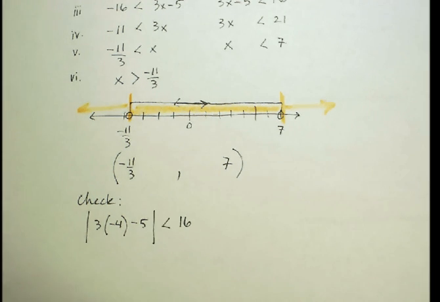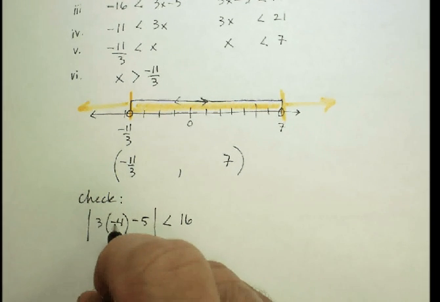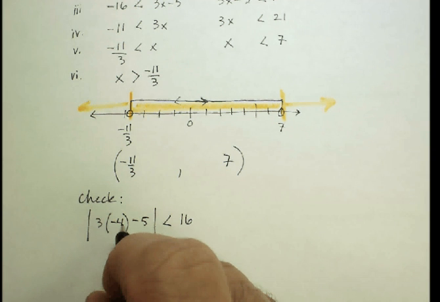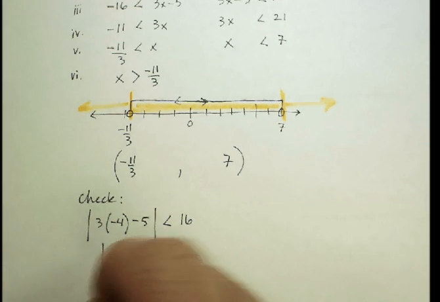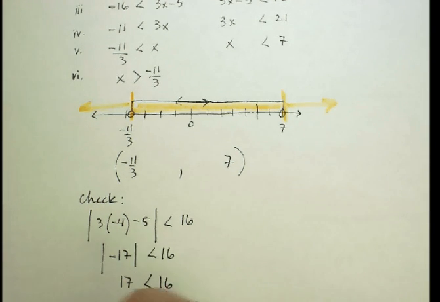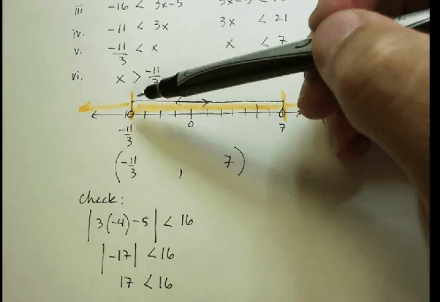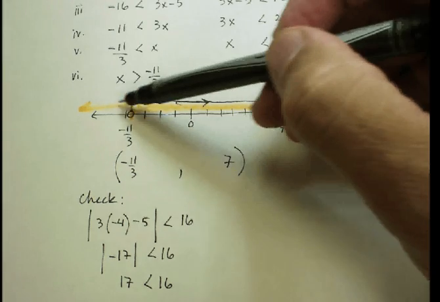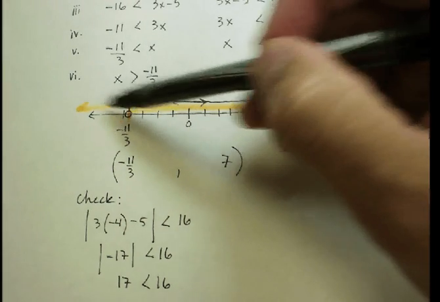Let's check. 3 times negative 4 is negative 12. Negative 12 minus 5 is negative 17. The absolute value of negative 17 is 17, but this says 17 is less than 16. Is that true? No, it's not. And we knew that because this is outside the area that works, right?